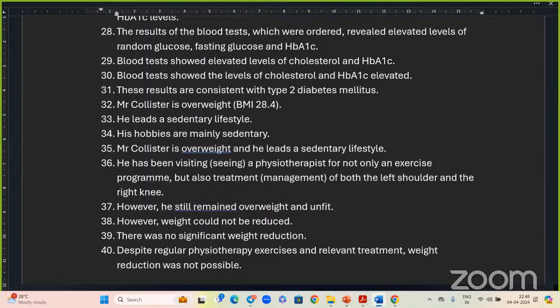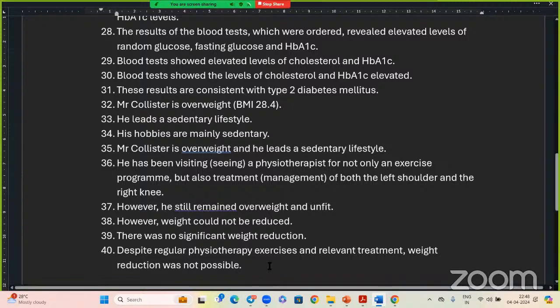There was no reduction. Weight loss could not be noticed. Many different ways you can write. Reducing weight was not possible.